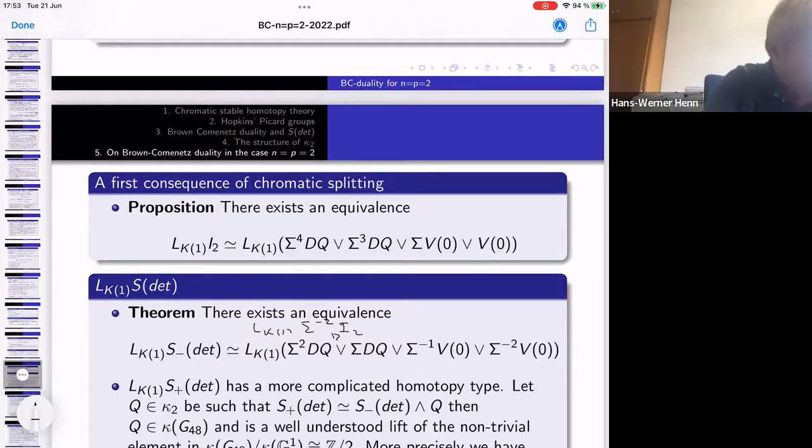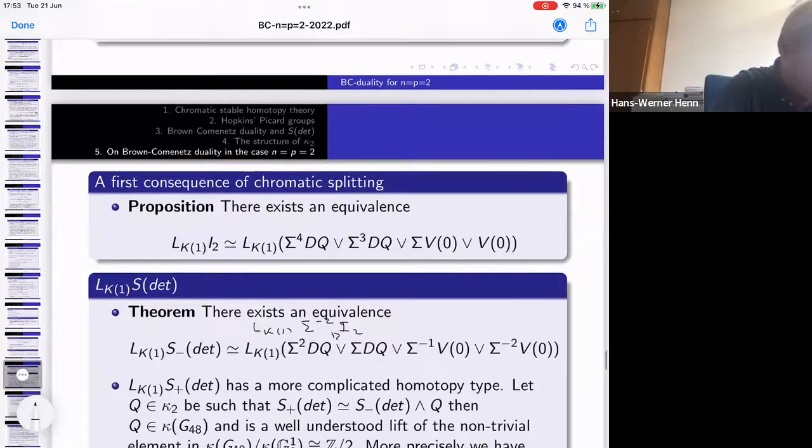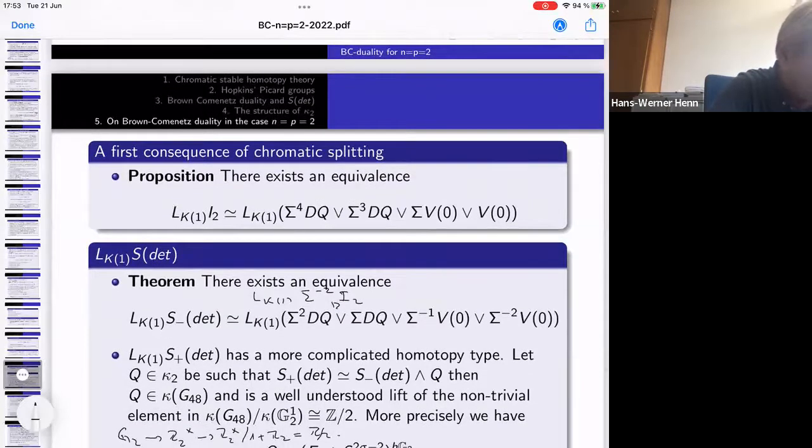I think there's a version we could also talk about, L1 of S plus stat and S minus stat. And I think there's something like a group which we could call L1 of kappa 2. So that's elements in kappa 2 which become standard after L1 localization.